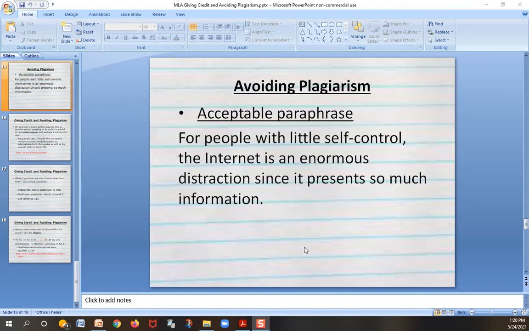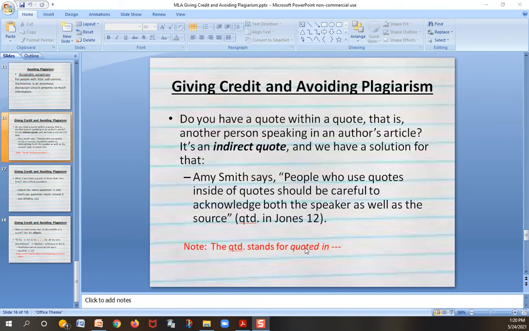Sometimes you'll run into what we call an indirect quote. In other words, the speaker is cited inside a different source. And we have a solution for that. And if you haven't run into this yet, trust me, you will. So we have this person, her name's Amy Smith, and she says, "People who use quotes inside of quotes should be careful to acknowledge both the speaker as well as the source." Now, I just made that up.